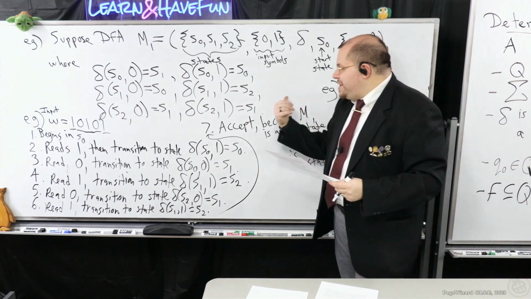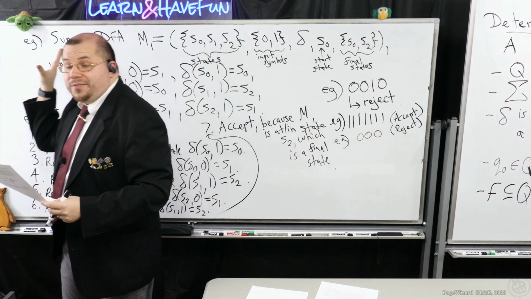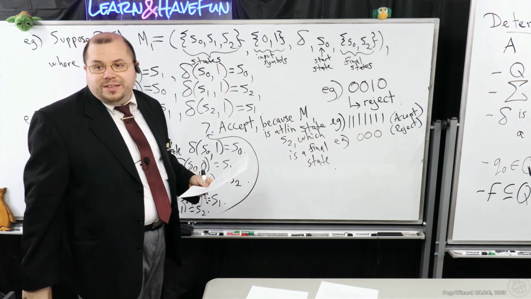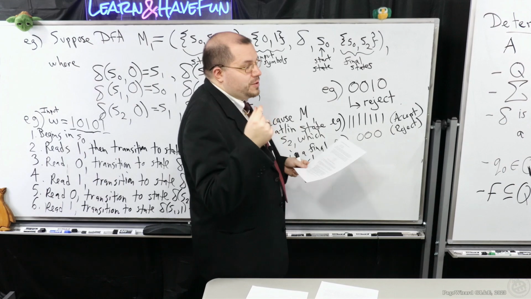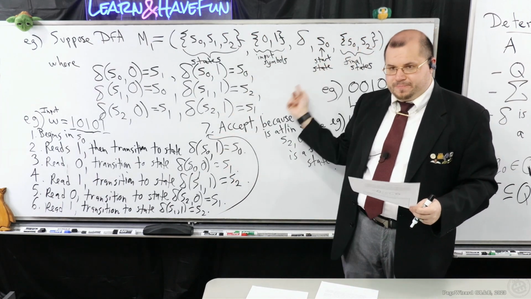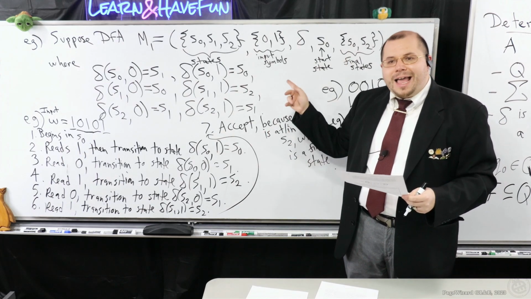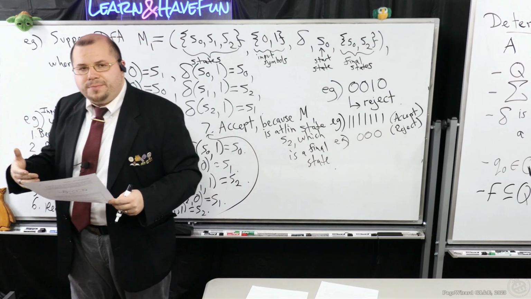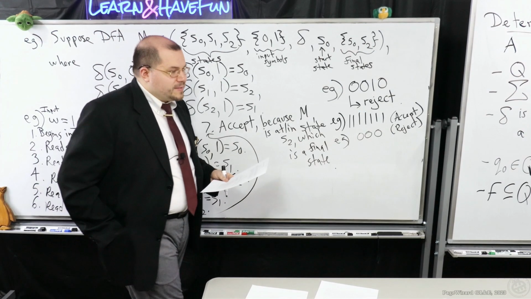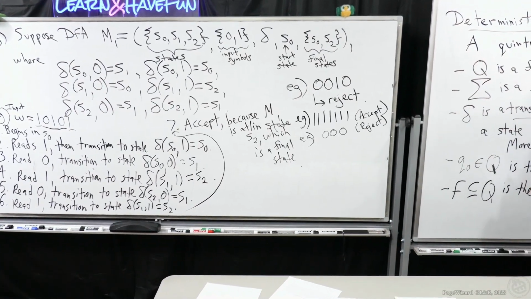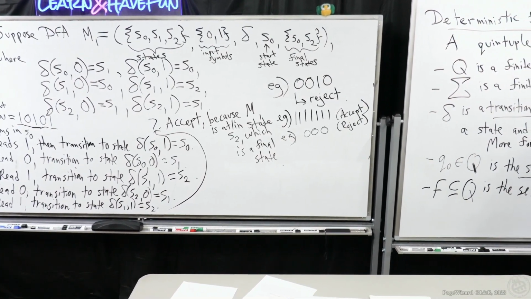So this can be somewhat lengthy to do, to describe the 5-tuple description. This is the formal description of the DFA. If ever somebody asks you for the formal description of a DFA, they're asking for this. It can be lengthy, so there are actually a couple of other ways to describe a DFA. I would argue these other ways are simpler.